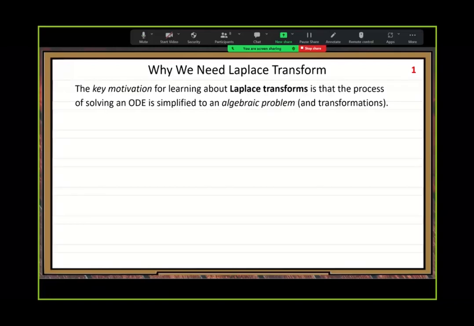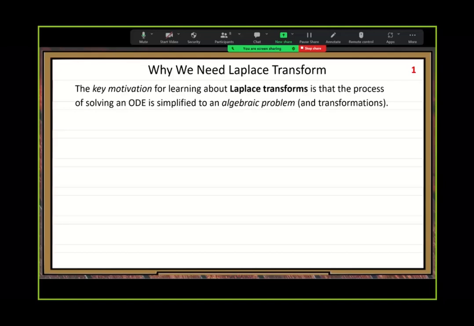Now, the Laplace transform converts the ODE problem to an algebraic equation problem. Just an algebraic problem. That means you do not need to solve the ODE; you just solve an algebraic equation. Most of you feel solving algebraic equations is usually simpler than solving ODEs, right?